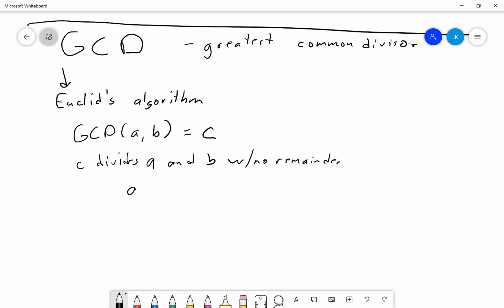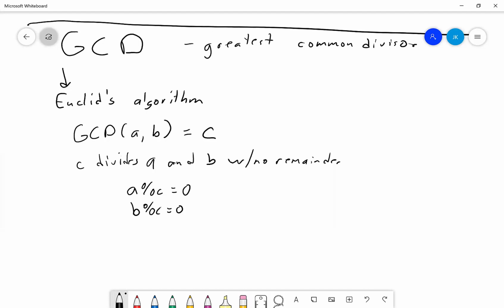And what that means is that A mod C is equal to 0, and B mod C is equal to 0. So in other words, there's no remainder if they're divided by C. Keep in mind that saying that something divides something else means that there's no remainder when you divide one thing by the other.